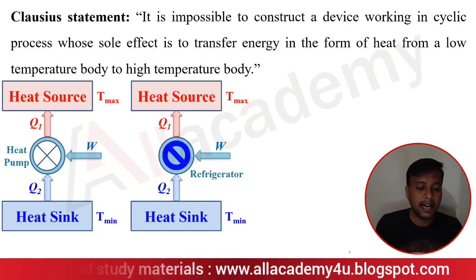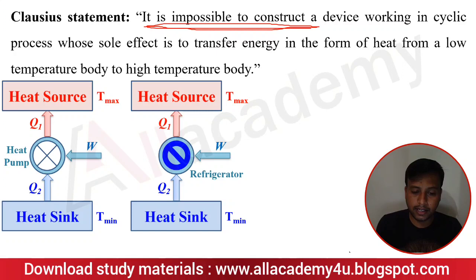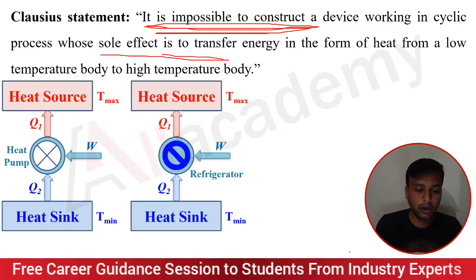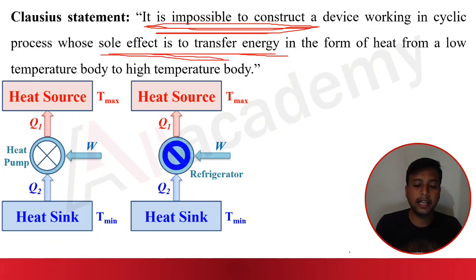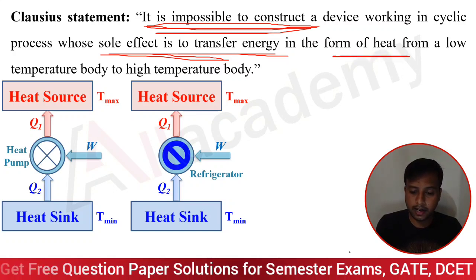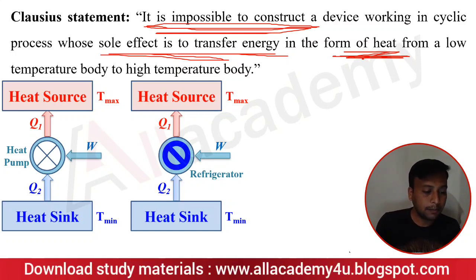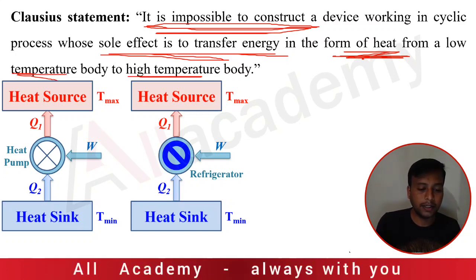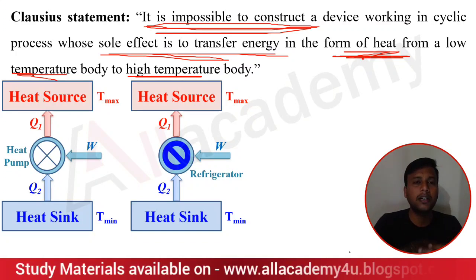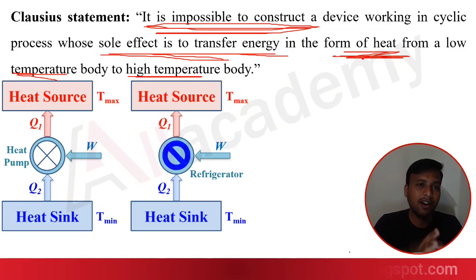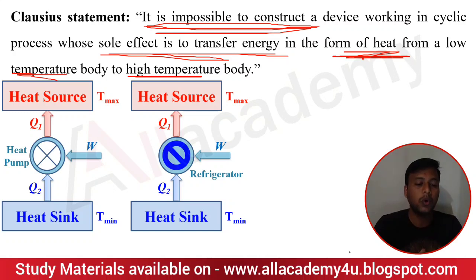It says that it is impossible to construct a device working in a cycle whose sole effect is to transfer energy in the form of heat from a lower temperature body to a higher temperature body. Please note, very important: we all know that heat always transfers from higher temperature to lower temperature, and the Clausius definition relates to that itself.